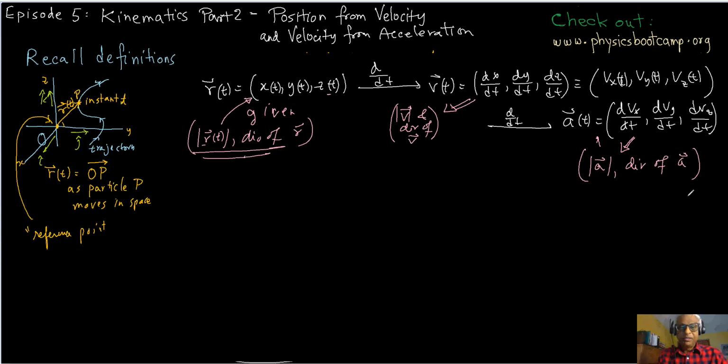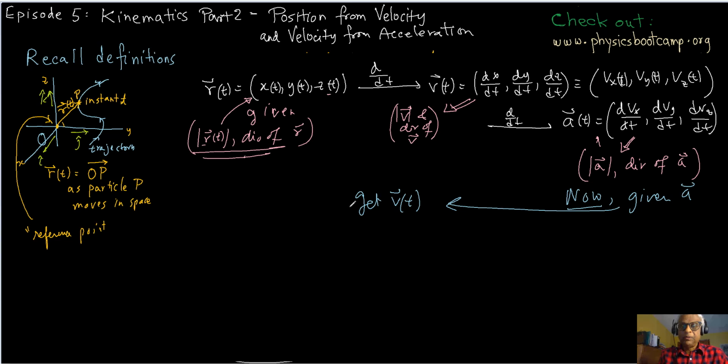Okay, now what we want to do is, given this, get v of t and get r of t.